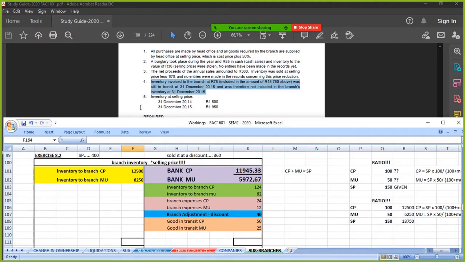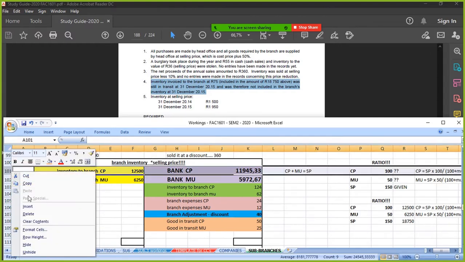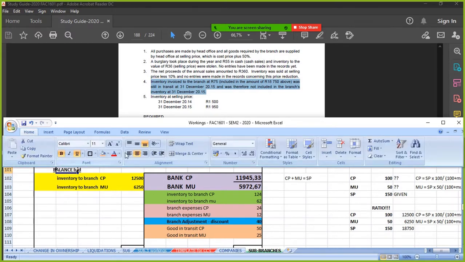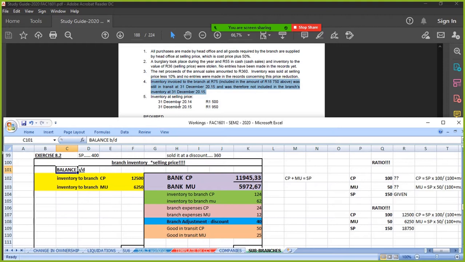So I'm going to have to add a line here because I didn't put in the balance. Okay, I need to show a balance. Balance brought down. Obviously, beginning of the month. Beginning of the month would have been end of the previous. Okay, this is for the year. So beginning of the year, end of the year. So this balance is 1,500.